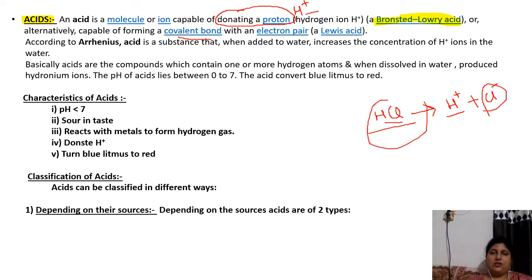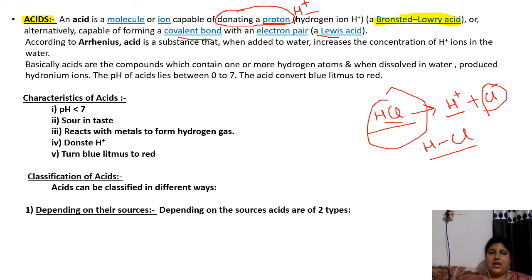In HCl, the covalent bond is found between hydrogen and chlorine. A sharing of a single electron took place. So according to Bronsted and Lowry, an acid means a compound which can donate a proton and form a covalent bond. ठीक है? So they are known as either Bronsted-Lowry acid or Lewis acid.